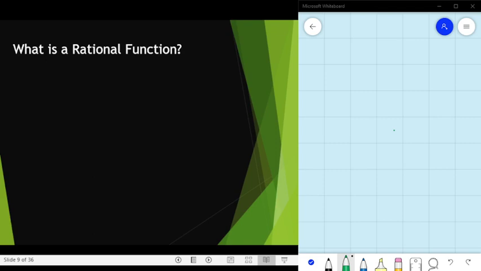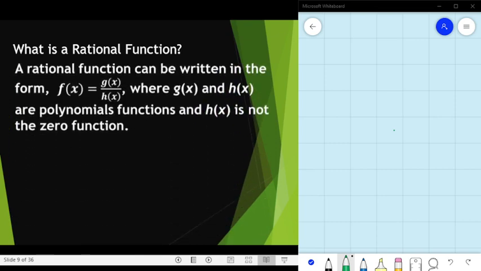Okay, so let us now proceed to the definition of rational function. What is a rational function? It can be written in the form f of x is equal to g of x over h of x, where g of x and h of x are polynomial functions, and h of x is not the zero function.